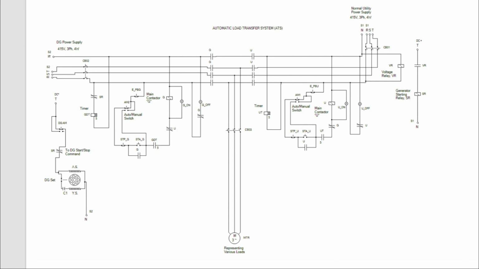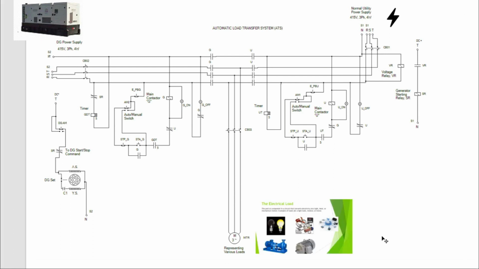The ATS which I designed can be operated either in manual or in automatic mode. As you can see on the screen, we have a three-line diagram with two different sources, one from the normal utility power supply and the other from an alternative supply like the generator, which is supplying the common loads.